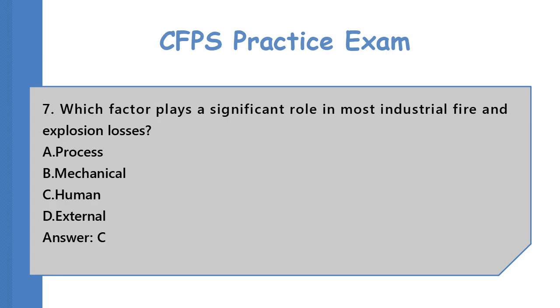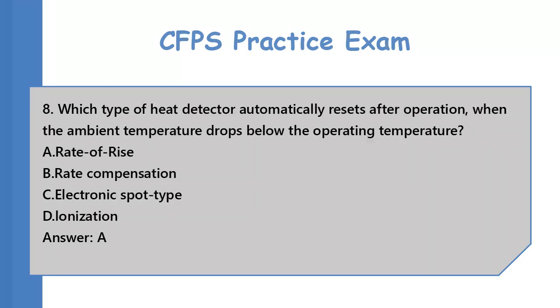7. Which factor plays a significant role in most industrial fire and explosion losses? A. Process. B. Mechanical. C. Human. D. External. Answer: C. 8.